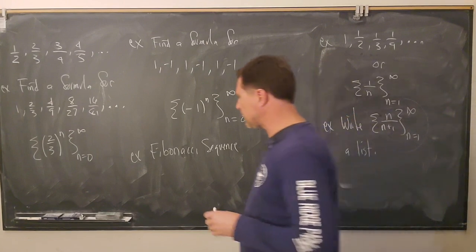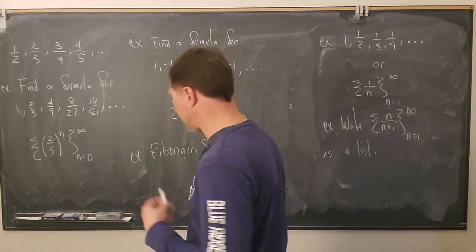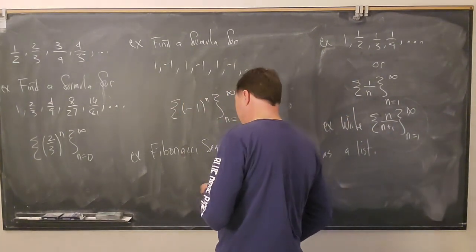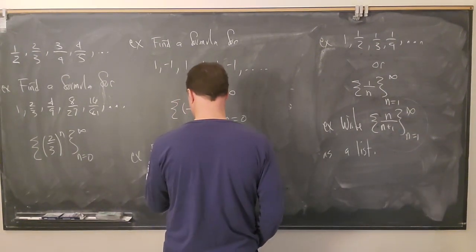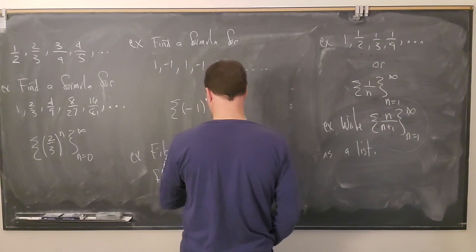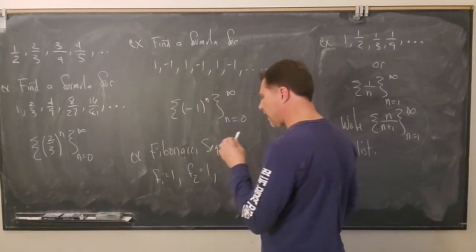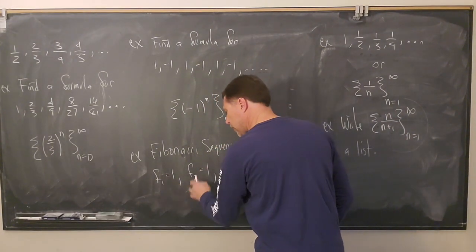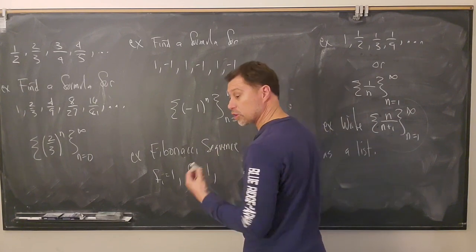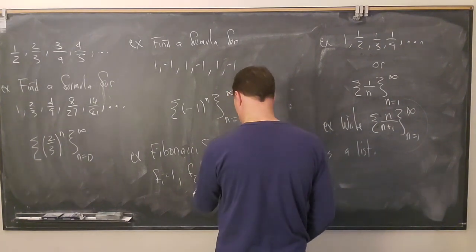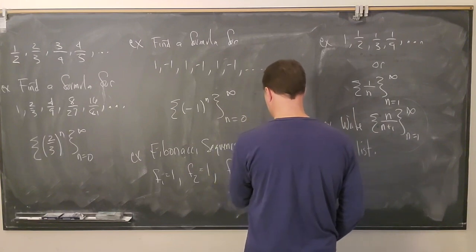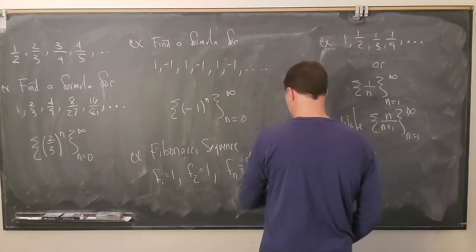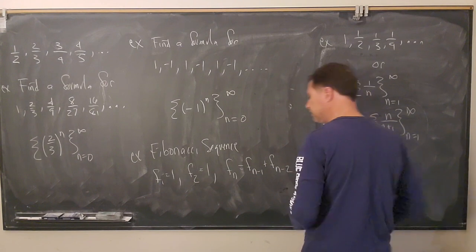And the way this sequence goes, instead of using a sub 1 and a sub 2, I'm going to use f for Fibonacci. So f sub 1 is equal to 1. f sub 2 is equal to 1. And then for a subscript greater than 2, so when n is greater than or equal to 3, it works like this: f sub n is equal to f sub n minus 1 plus f sub n minus 2.